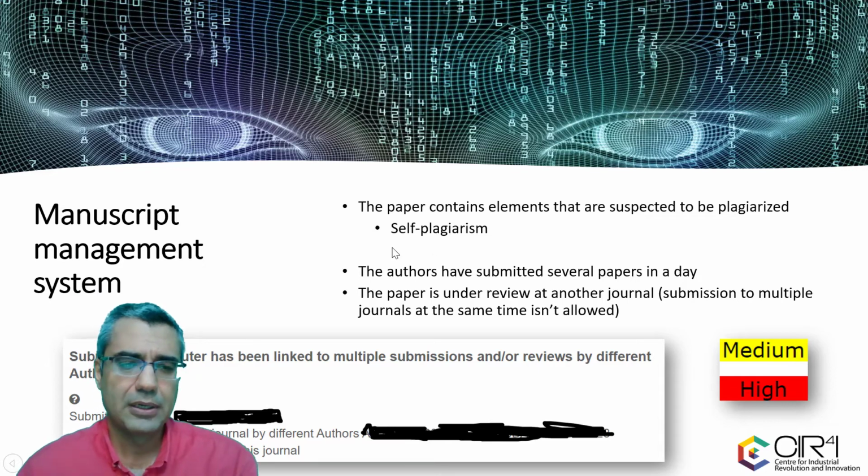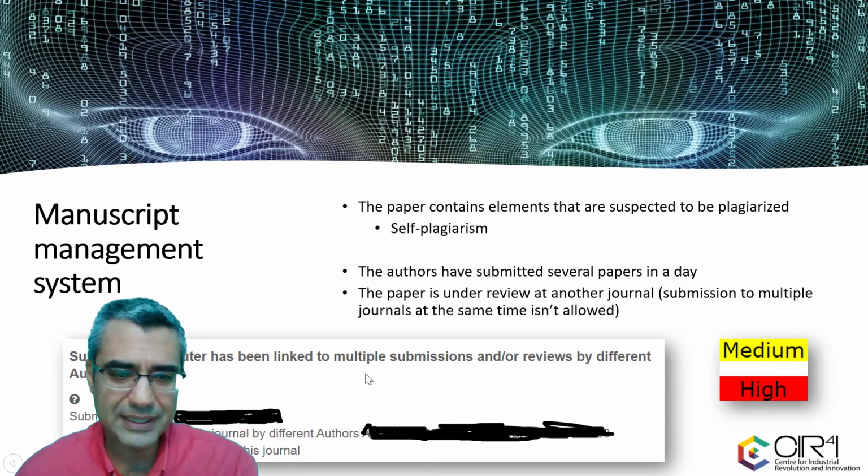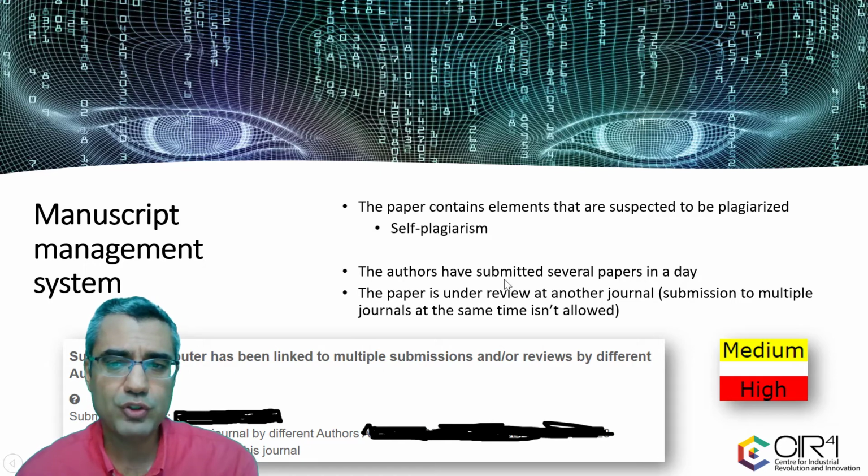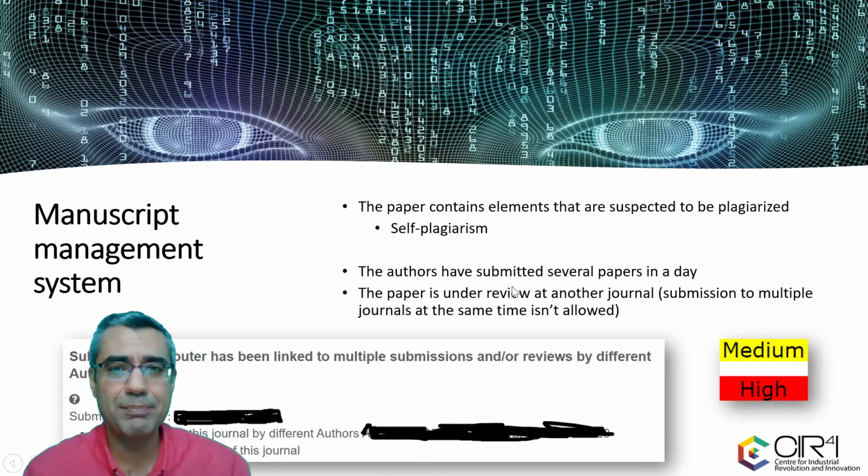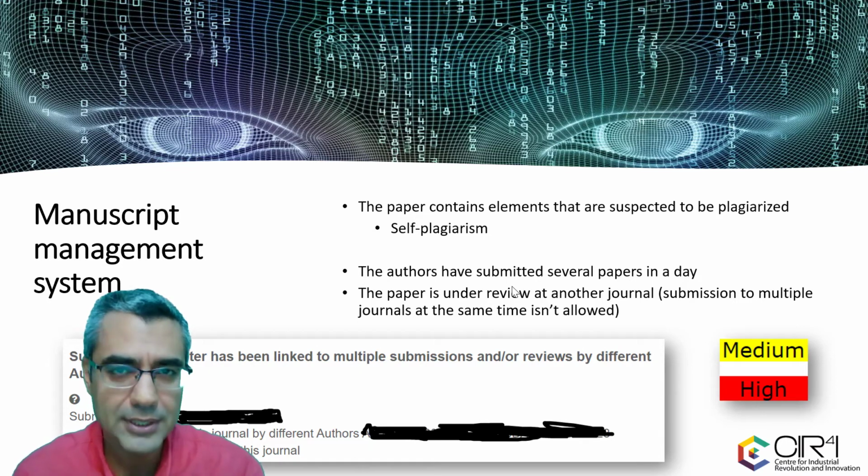For example, the system will detect when authors have submitted several papers in a day. When you submit 10 papers in a day, the system will tell the editor-in-chief to check carefully, maybe there is something wrong. And I tell you, in most cases, there is something wrong.